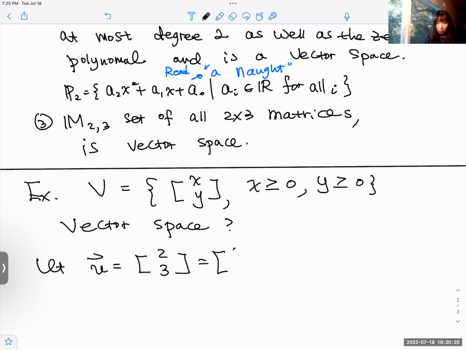Consider x and y: x is positive or equal to 0, 0 is okay, and y is positive or equal to 0, right?